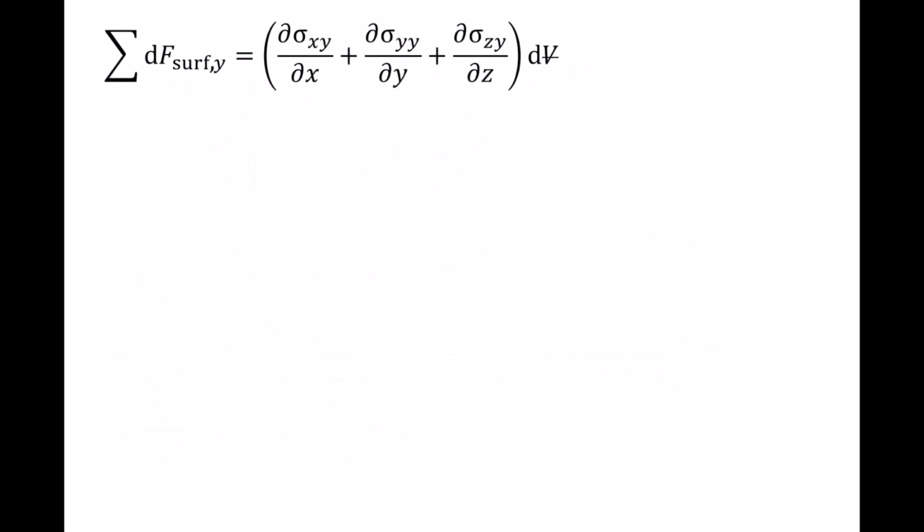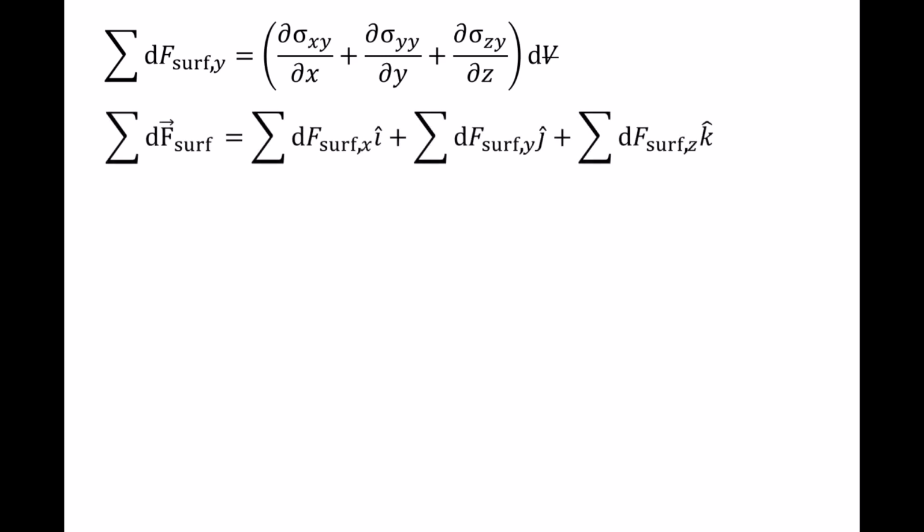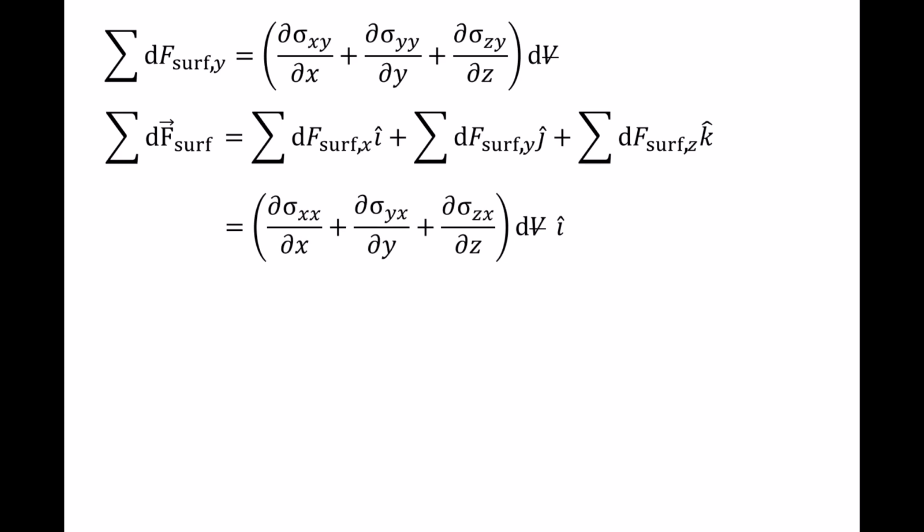The sum of all surface forces in the y direction is partial sigma xy partial x plus partial sigma yy partial y plus partial sigma zy partial z times the volume dV. If we repeat this process to find the surface forces in the x direction and z direction, the sum of all surface forces in the x direction is partial sigma xx partial x plus partial sigma yx partial y plus partial sigma zx partial z times the volume dV.